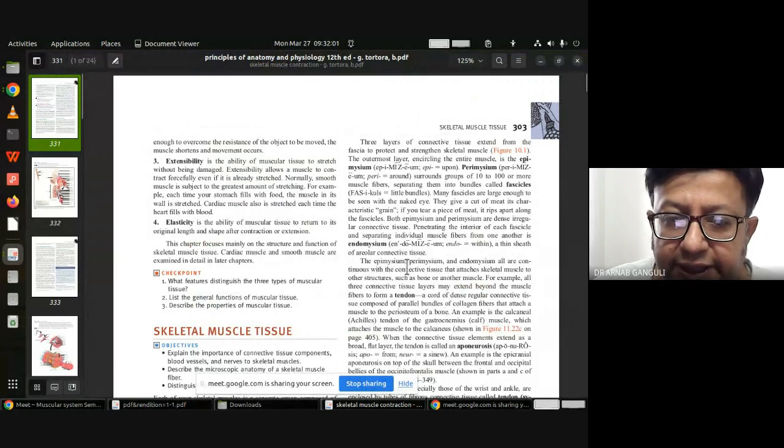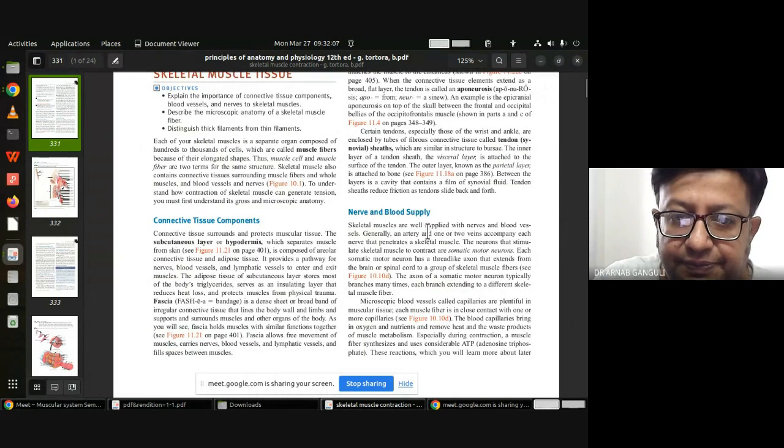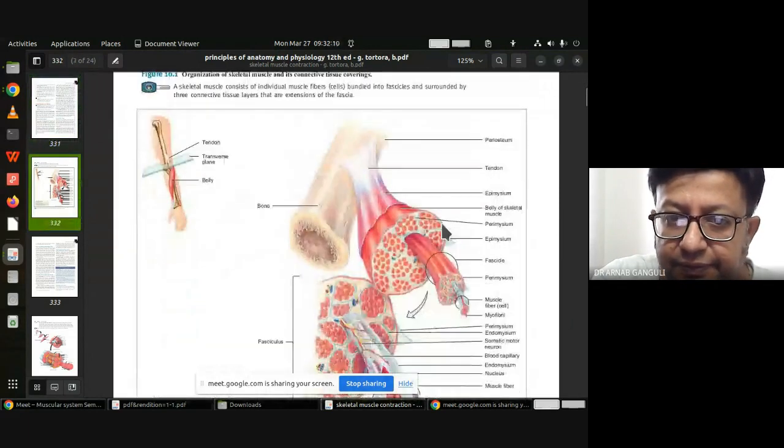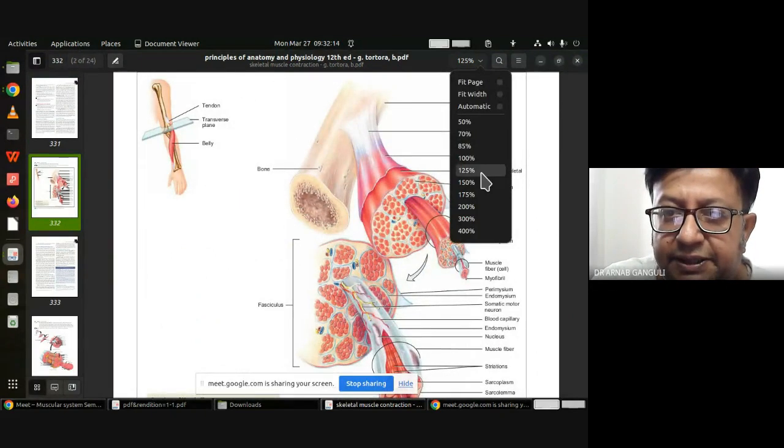Are you able to see this? Skeletal muscle, yes sir. Very good. So let us enlarge this picture.